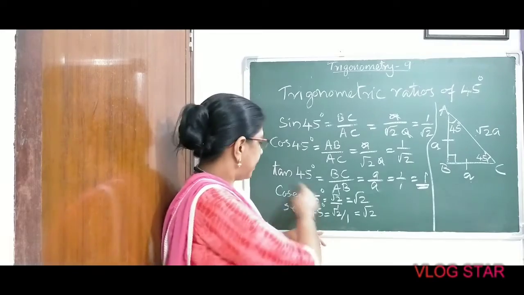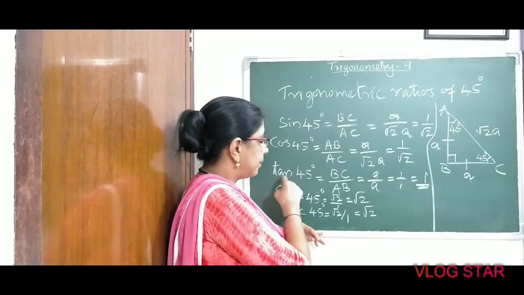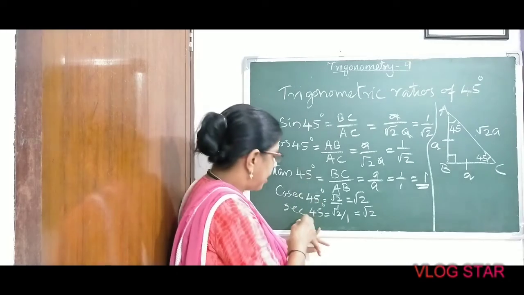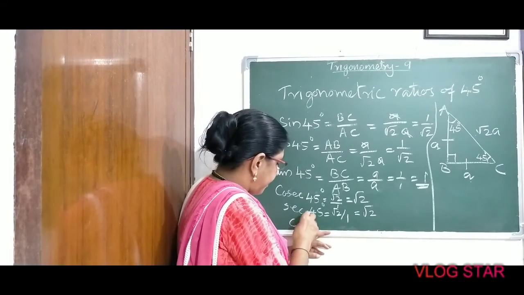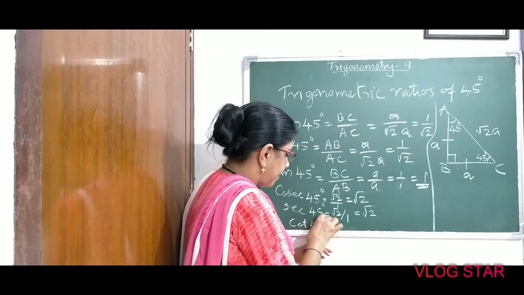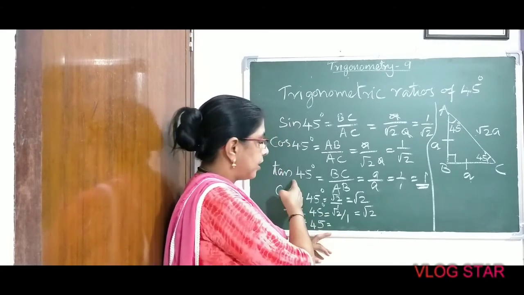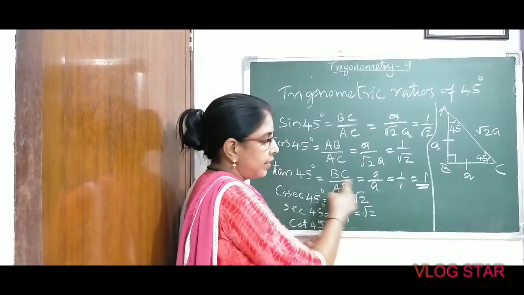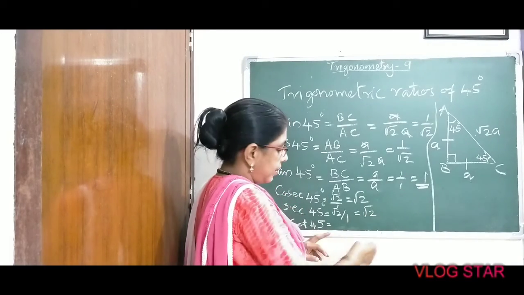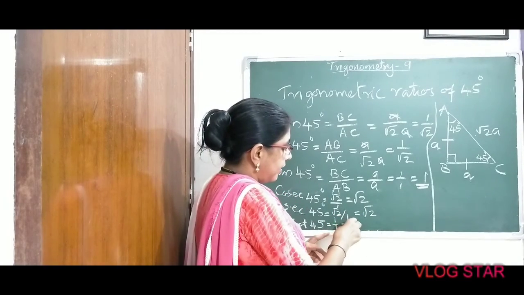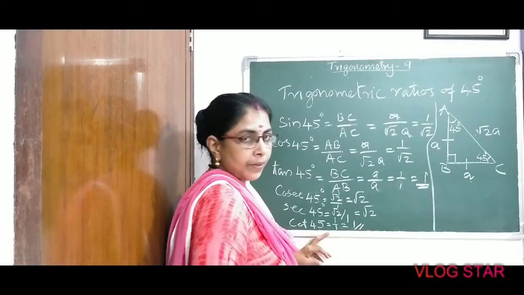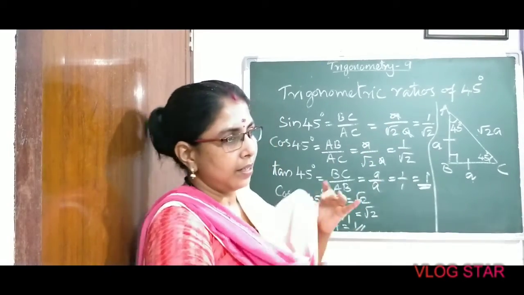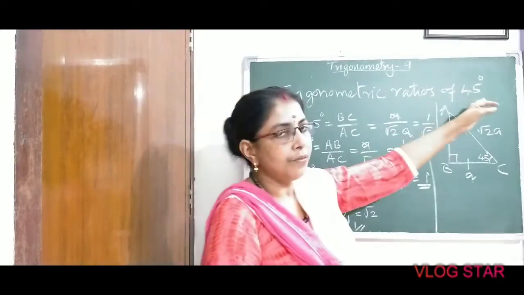Next, we have to find the last reciprocal. The reciprocal of tan 45 is cot 45. We know that tan 45 is 1, so the reciprocal is 1 by 1, which is 1 only. Therefore, we get all the trigonometric ratios for angle 45.